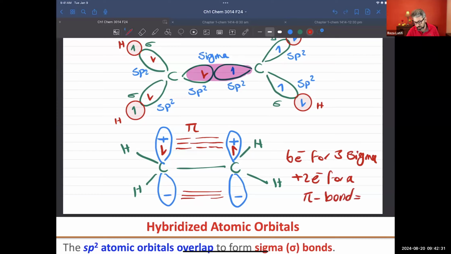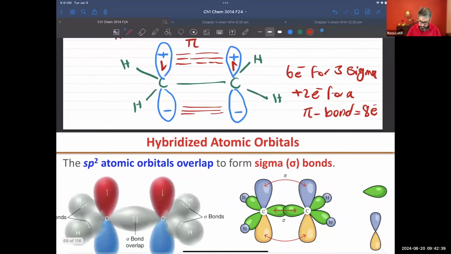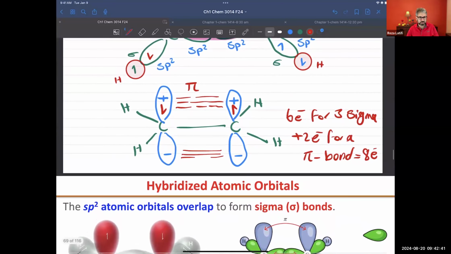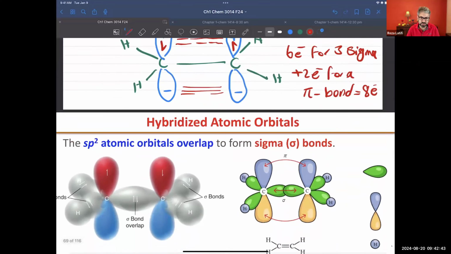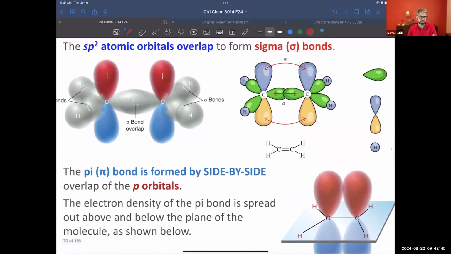That's going to be equal to 8 electrons, and it will make carbon octet. Again, we're going to switch to a bit more sophisticated system. I showed you the orbitals: we have 3 sigma bonds for each carbon and 1 pi bond to make carbon octet.